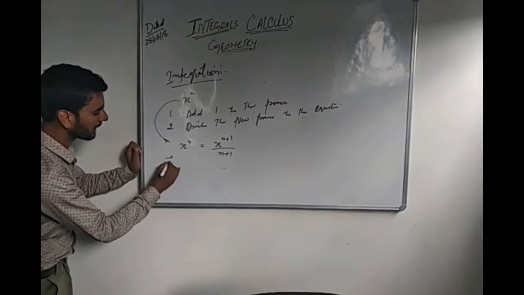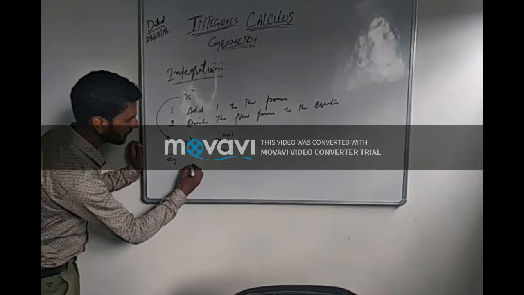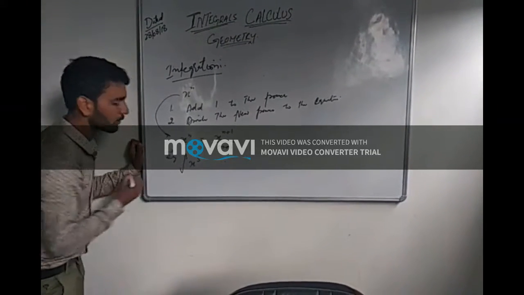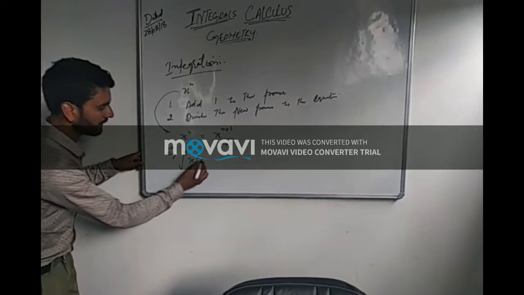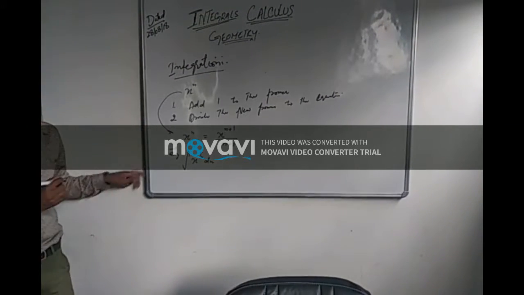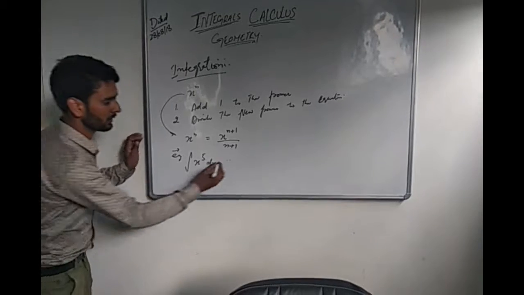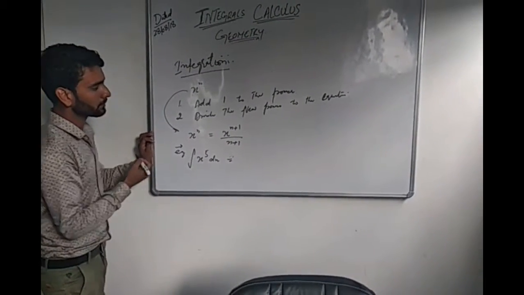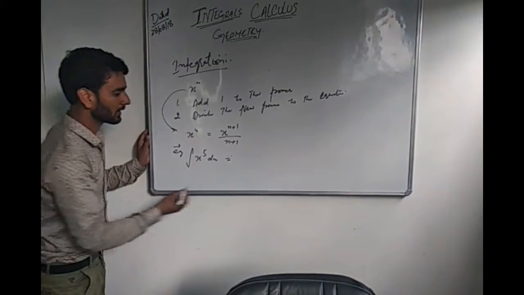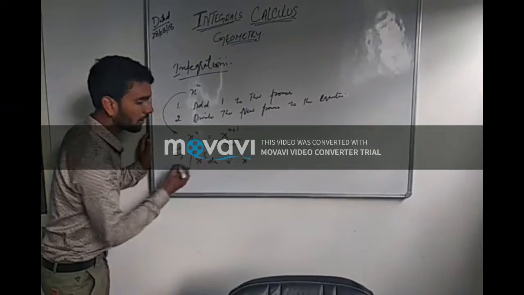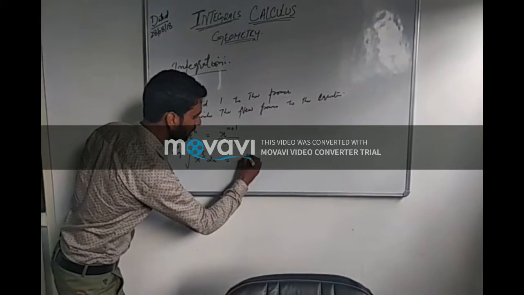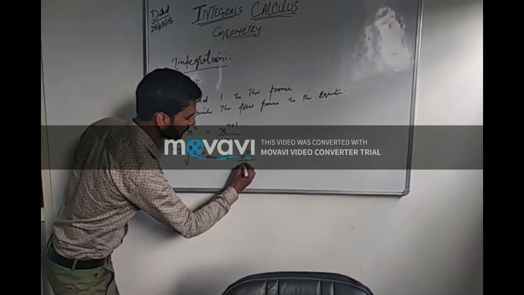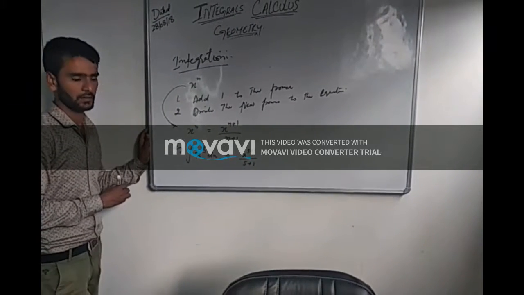Let us take another example, x raised to the power 5. Using the integration notation, we also use dx. First step, add 1 to the power: 5 plus 1, and divide by this new power, 5 plus 1.